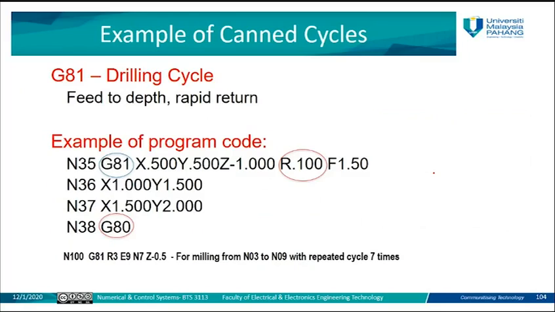This is another example of defining the drilling cycle, which is G81. As we said, this is the code here, G81, then the X coordinate and Y coordinate. The depth is -1.